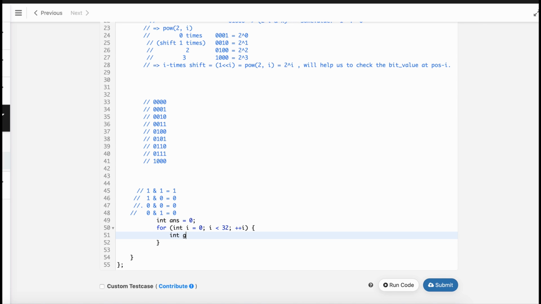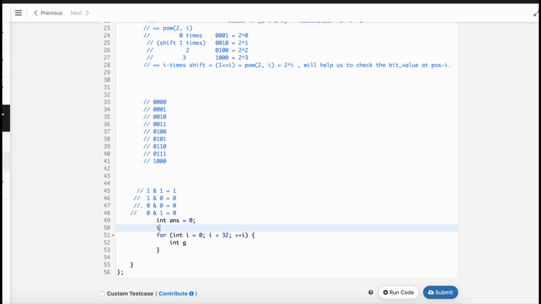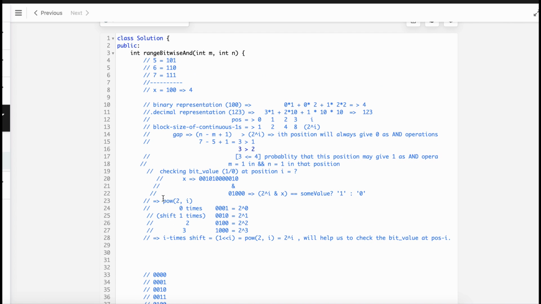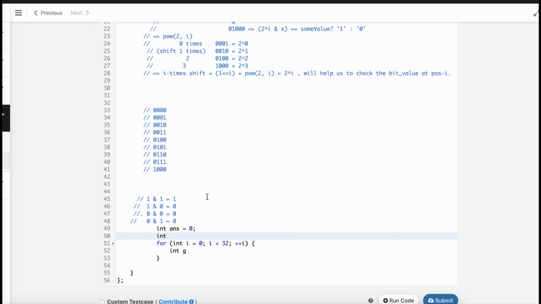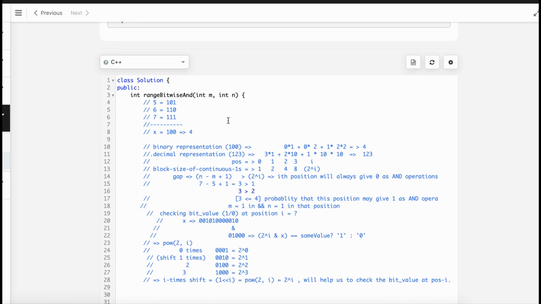Gap can be calculated outside as well. As we defined here, gap is n minus m plus 1. N is bigger, right? Yeah.